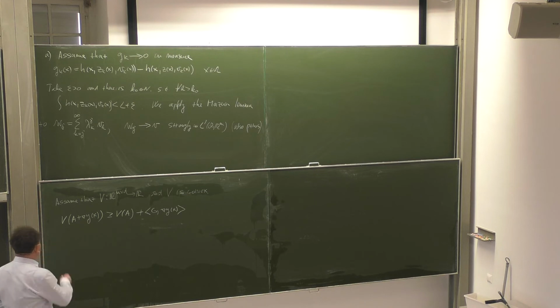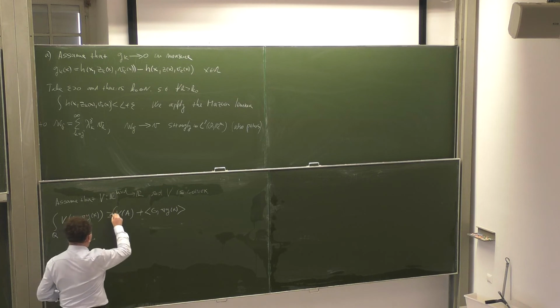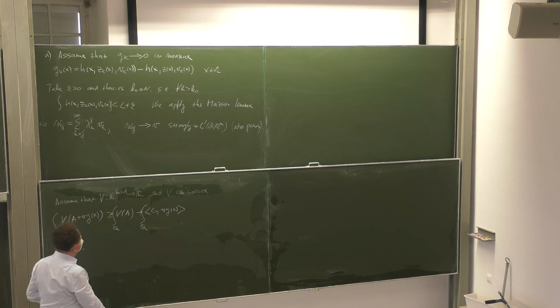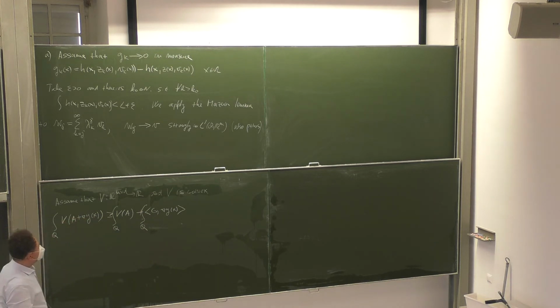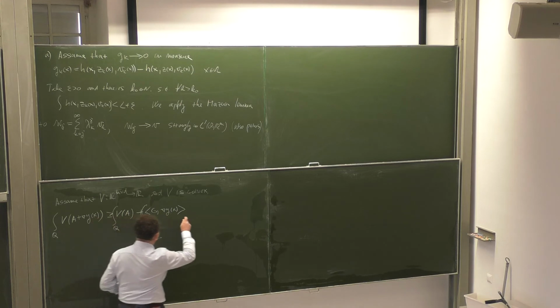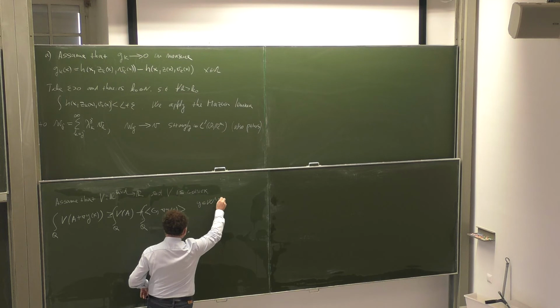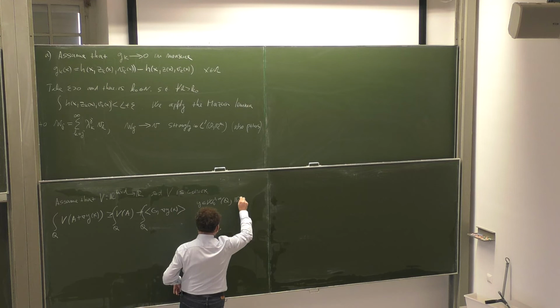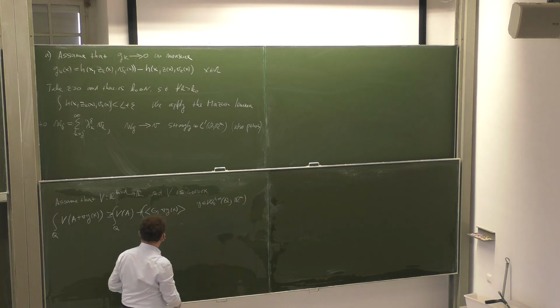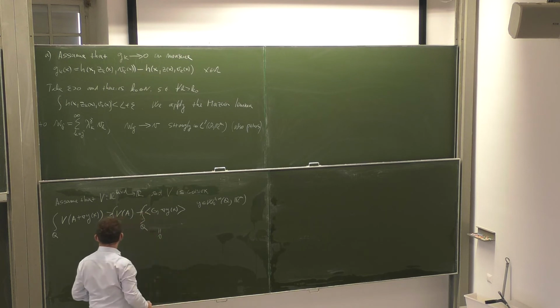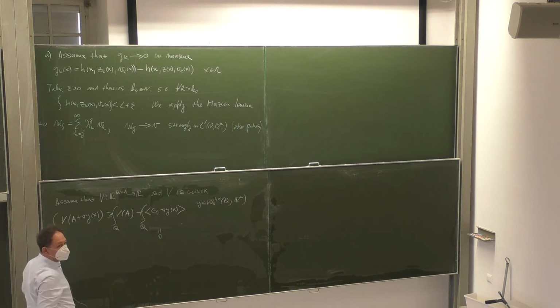Now we integrate this over Q. Because y has zero boundary conditions, this term disappears, and I get exactly the definition of quasi-convexity.